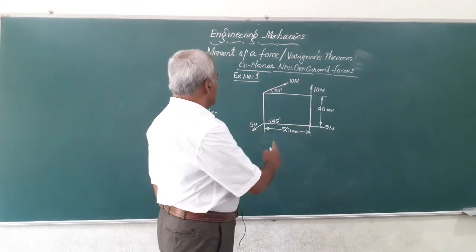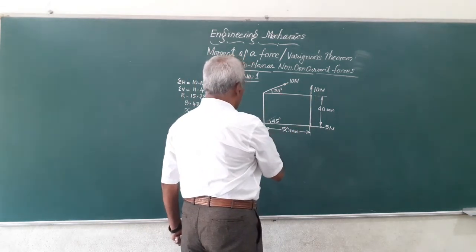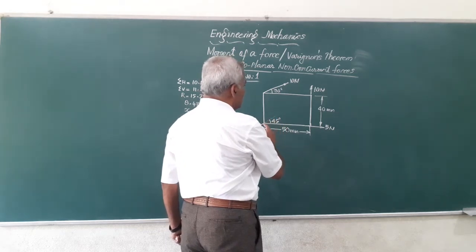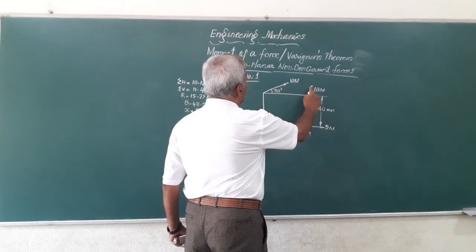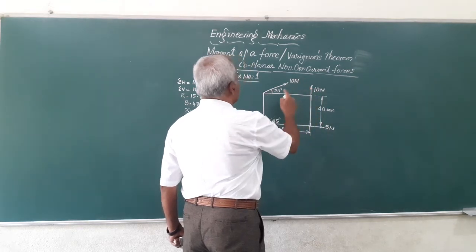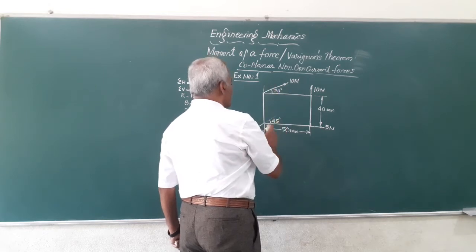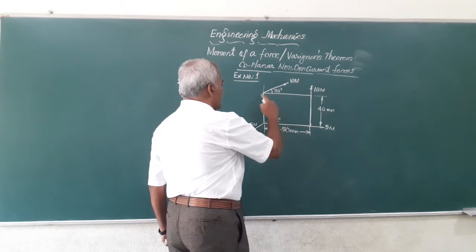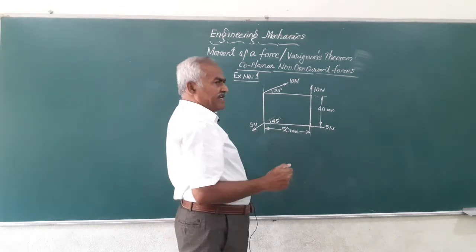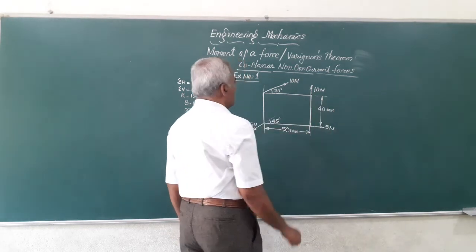Friends, you can see here we have 4 forces, namely 5 Newton acting at 45 degrees, a horizontal force of 5 Newton here, a vertical force here, and a force inclined at an angle of 30 degrees with magnitude 10. These 4 forces act on a rectangular plate of dimension 50 millimeter by 40 millimeter.